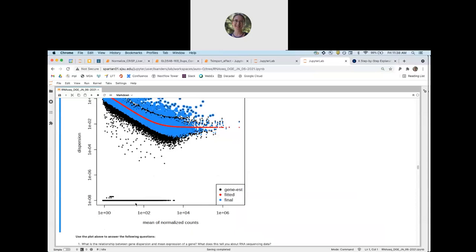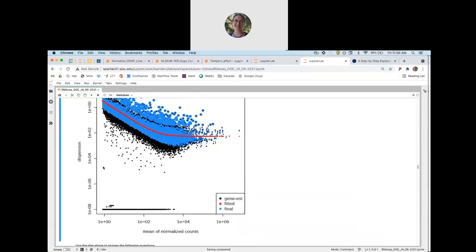What happens to, for example, mean expression as gene dispersion goes up? Any ideas?